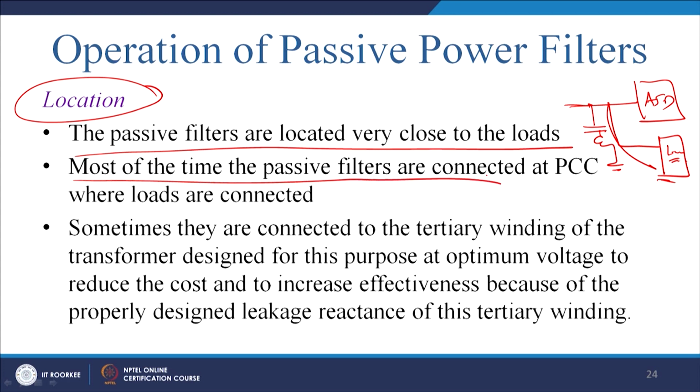The point of common coupling we will discuss in detail in the case of the shunt active power filter, where loads are connected. Sometimes they are connected to the tertiary winding of the transformer, designed for the purpose of the optimum voltage, to reduce the cost and increase the effectiveness of the properly designed leakage inductance of the tertiary winding.